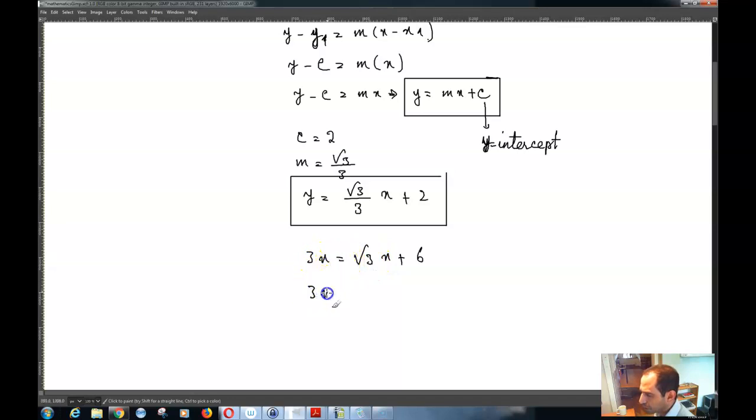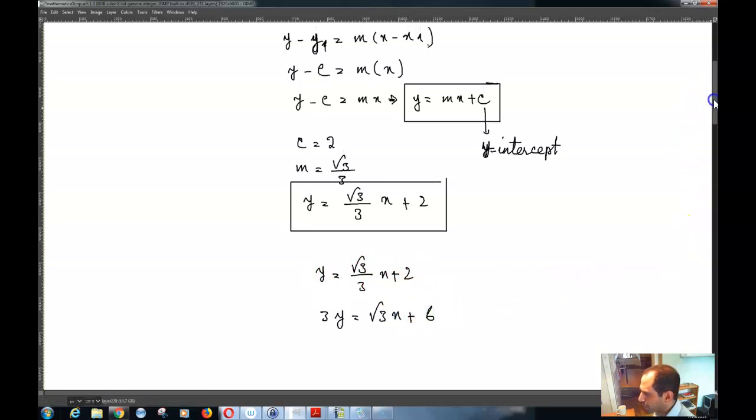If you have y is equal to square root of 3 divided by 3 times x plus 2, then multiply by 3, you'll get 3y is equal to square root of 3 times x plus 6.